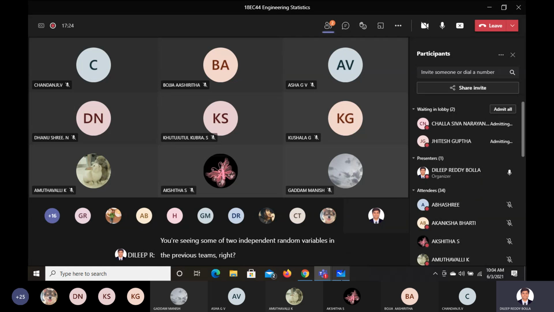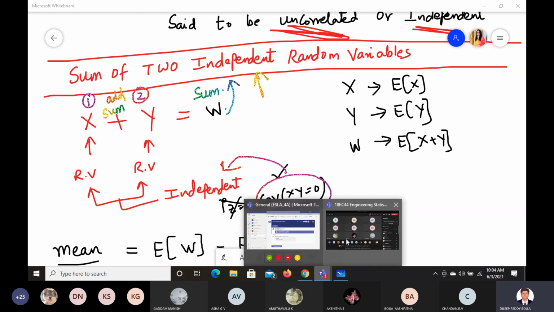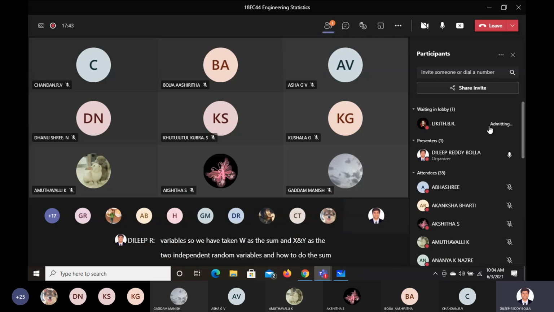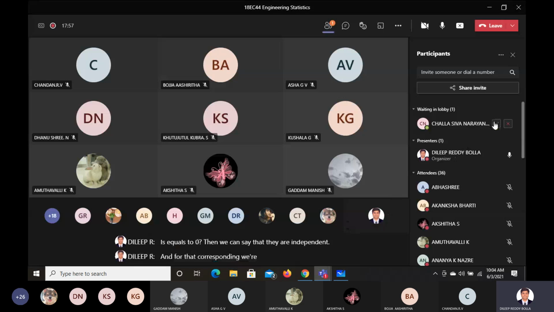We have seen the sum of two independent random variables. We have taken W as the sum, and X and Y as the two independent random variables, and we have seen how to do the sum of that. The condition for saying that they are independent is when the convolution of the two equals 0, and for that we did the further process.